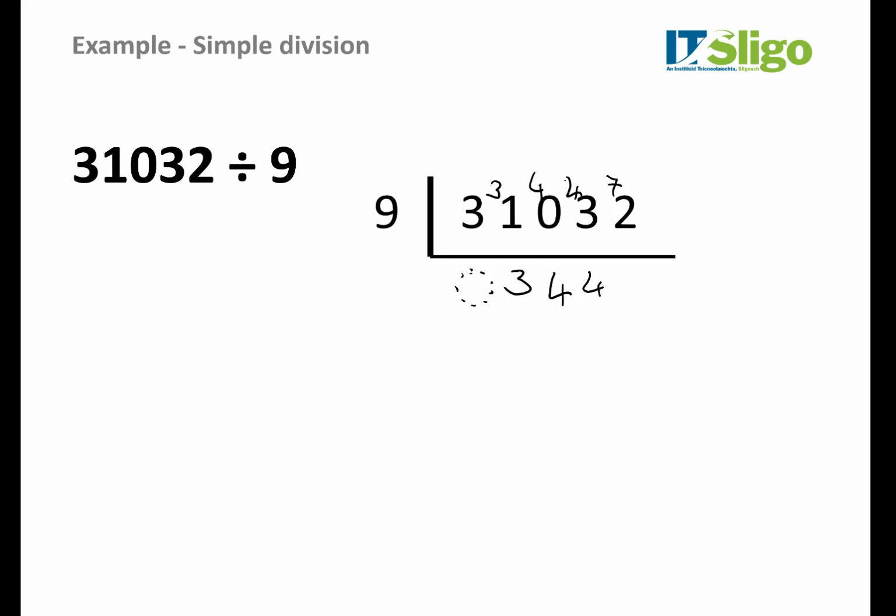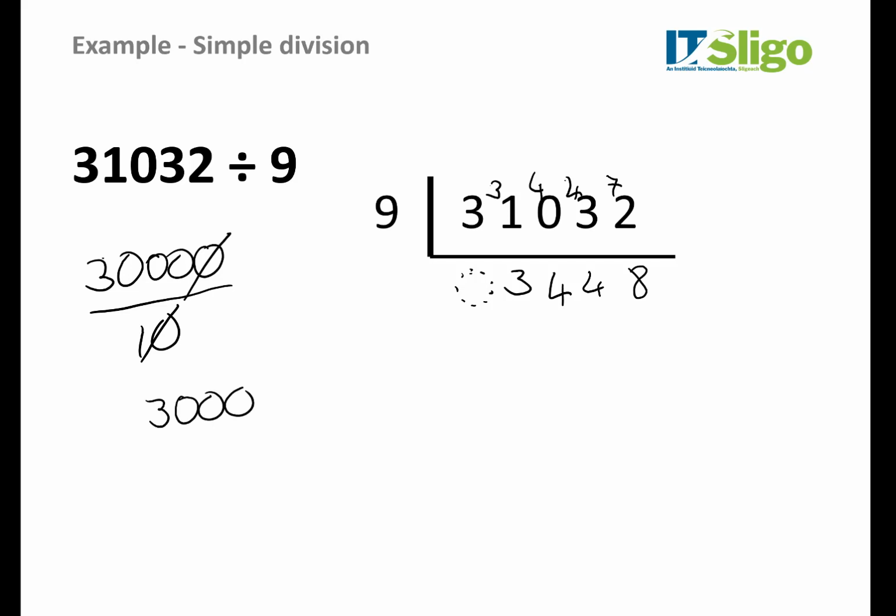And 9 into 72 goes 8 times. Now I'm very annoyed at myself because I should have estimated first. So my estimation in this case, I'd say 30,000 divided by 10, and my answer is somewhere in the region of 3,000, which validates the true answer there.